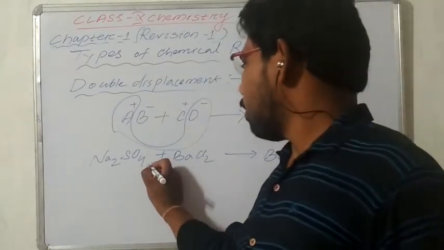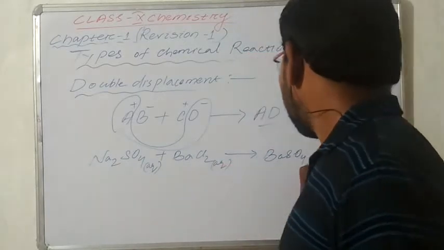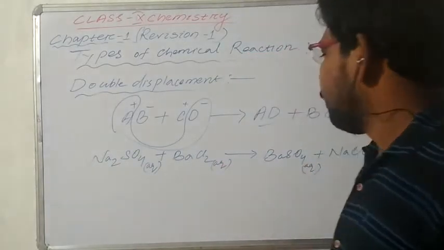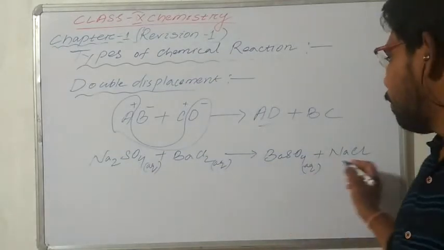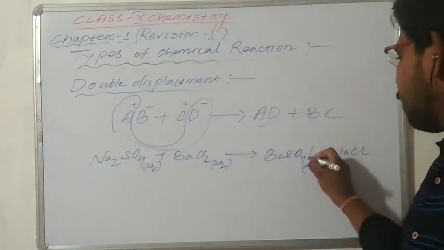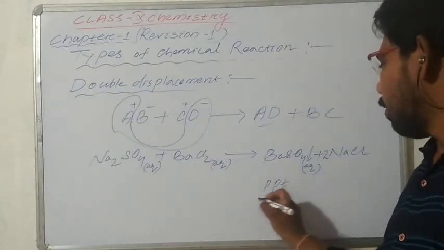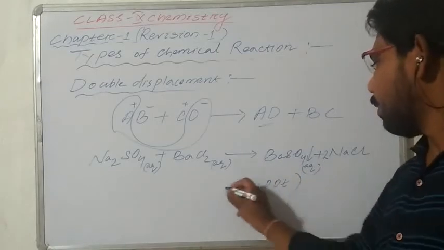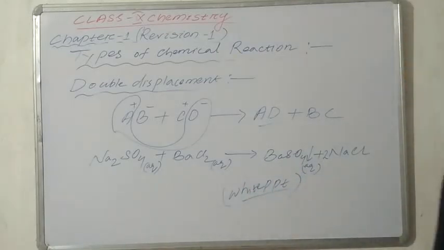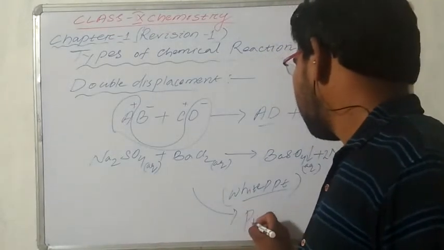And this occurs in aqueous medium. Here two NaCl are formed, and this barium sulfate is a white precipitate. Here a white precipitate is formed. That's why these reactions are known as precipitation reactions.